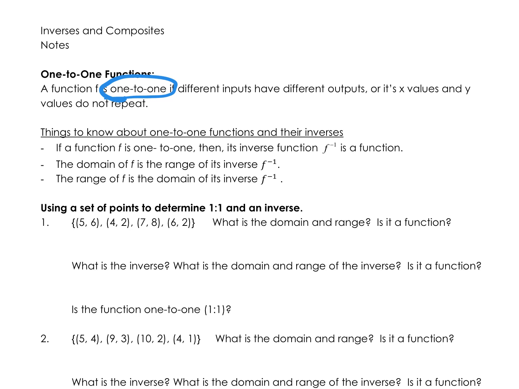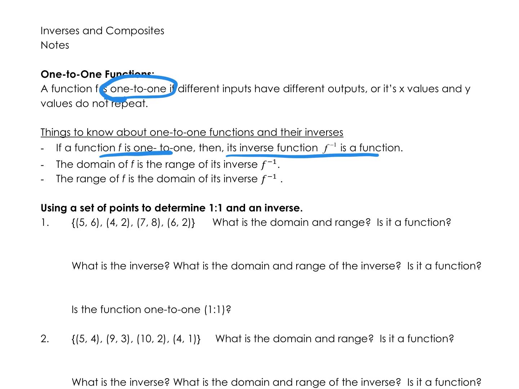And so a function is one-to-one if both the inverse and the function are both functions. So if the function and its inverse are both functions, then we say that a function is one-to-one. So we're going to look at what that looks like here.